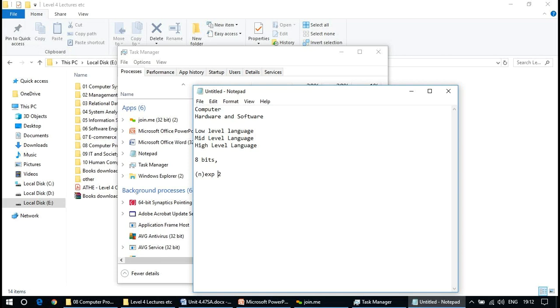Assembly language was partially high level, because there used to be commands like begin and these words, as well as this programming language had direct access to the hardware. Like there are certain registers in the processor, certain locations, and memory locations it used to access.